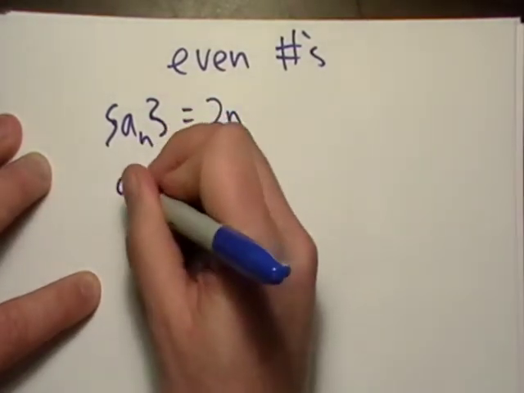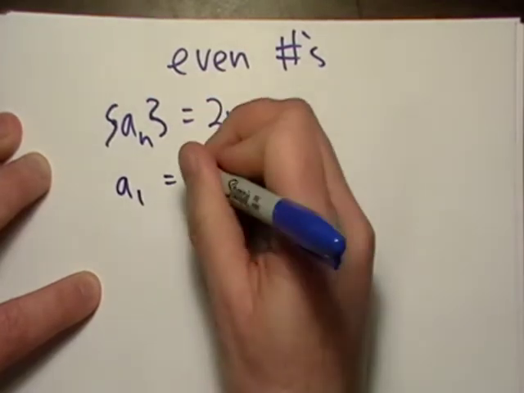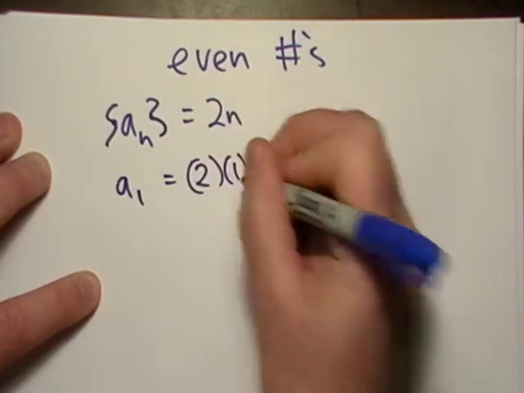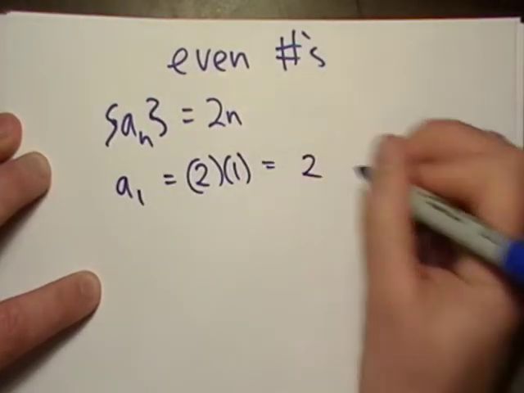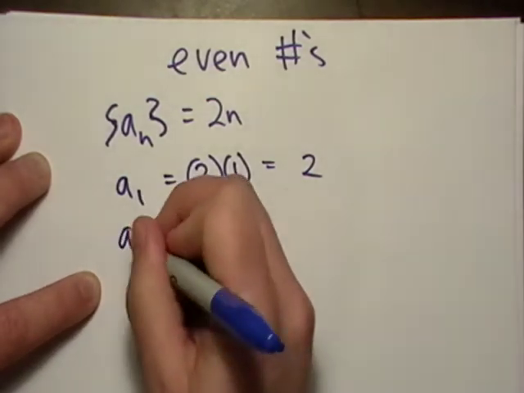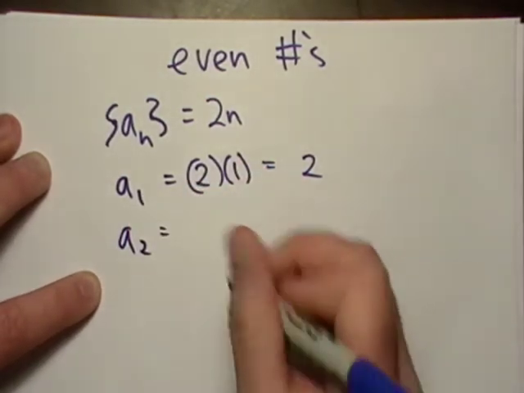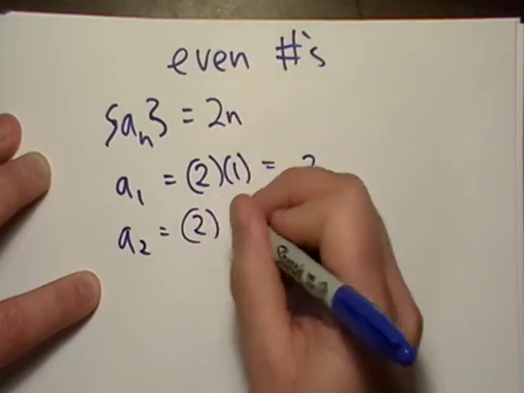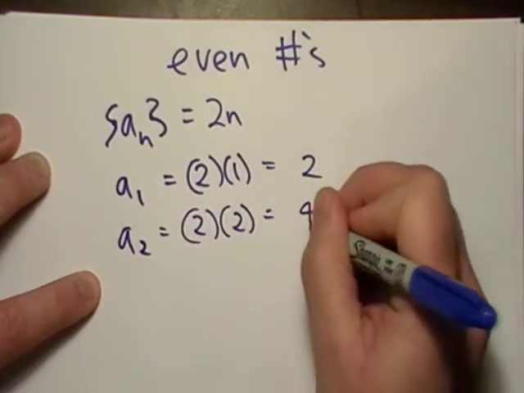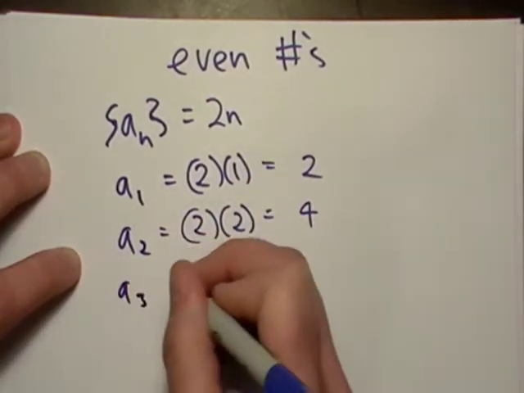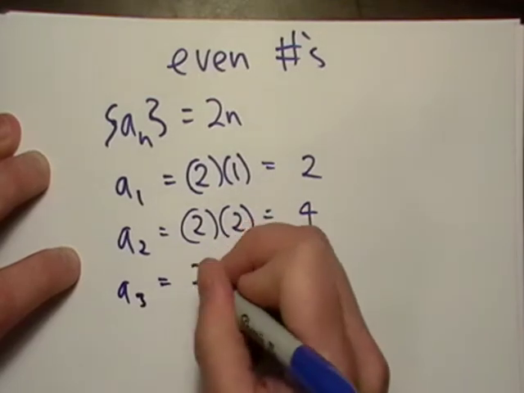So what's a sub 1 going to be? It's going to be 2 times 1, which equals 2. Then a sub 2 is equal to 2 times 2, which is, of course, 4, and so on.